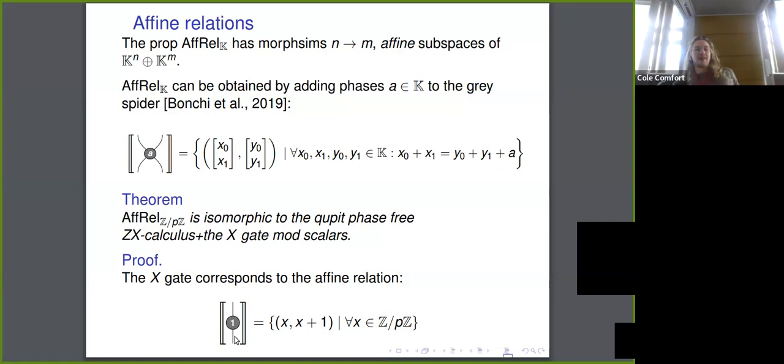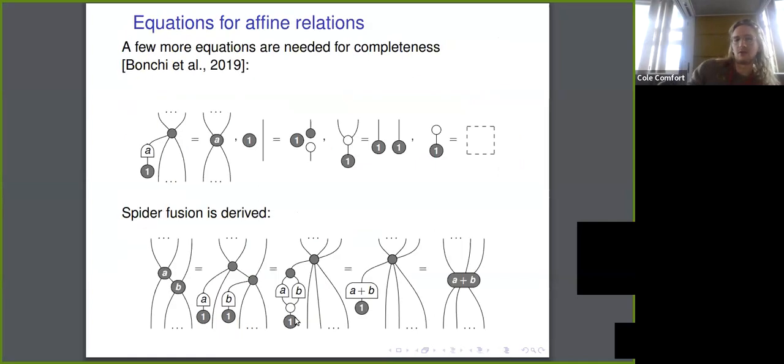And this affine relation, affine function, corresponds to the X gate. So you can see how this is reminiscent of the bra-ket notation, where the X gate takes a basis element and adds 1. And then Bonchi et al. gave a bit more equations.